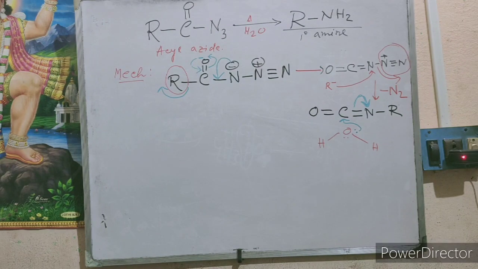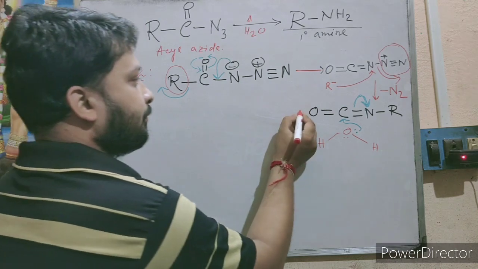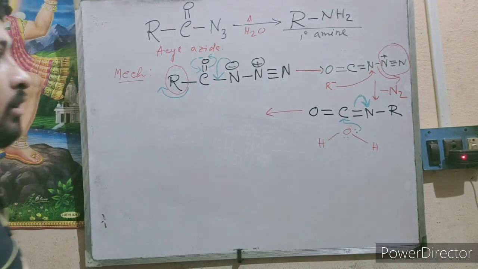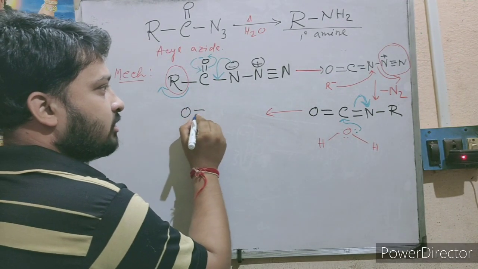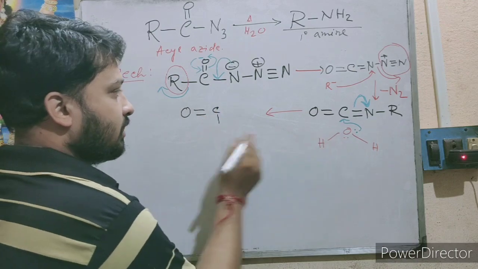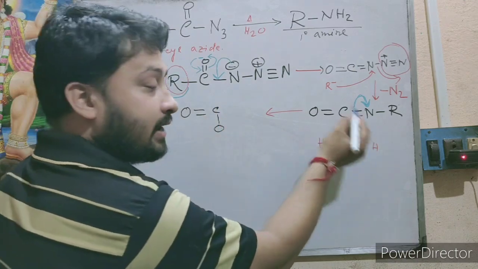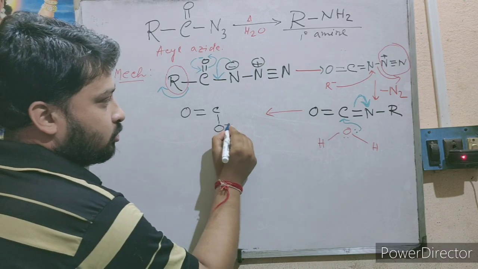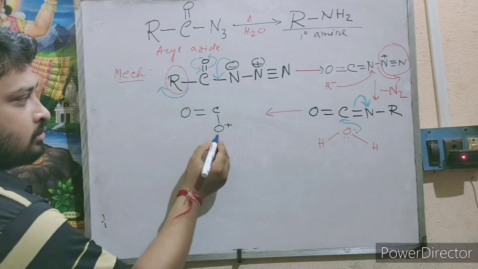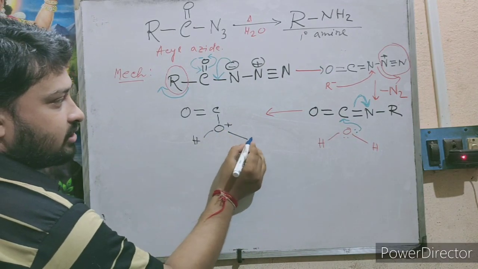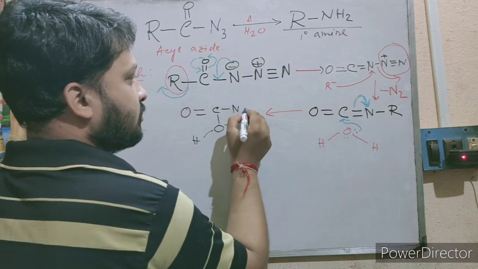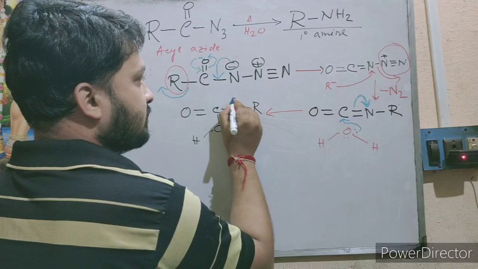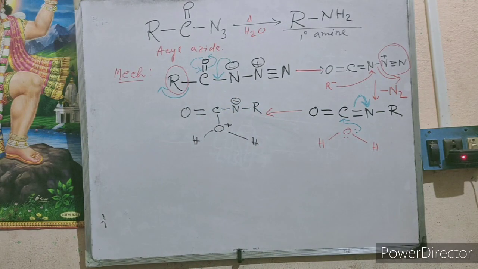Now what will happen? This is oxygen double bond carbon. This is the water molecule. Oxygen donates its electron, so it gives a plus charge. Now this is hydrogen, this is N, and this is R. It gives a negative charge.